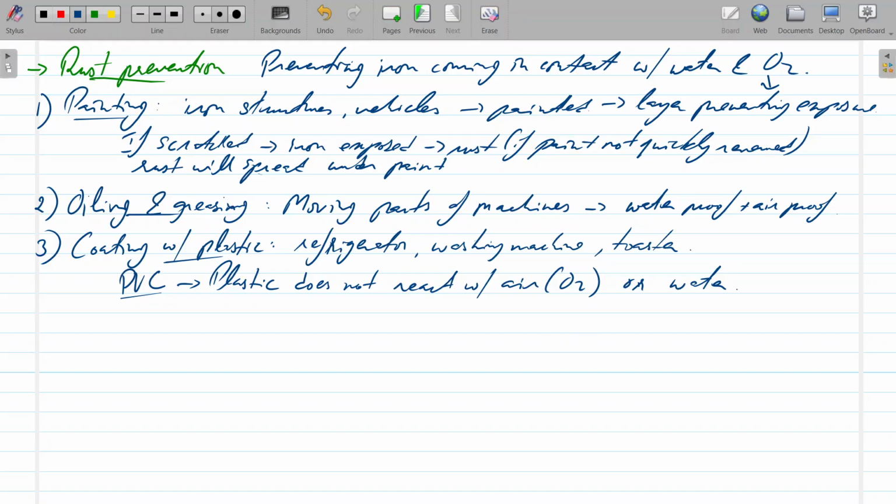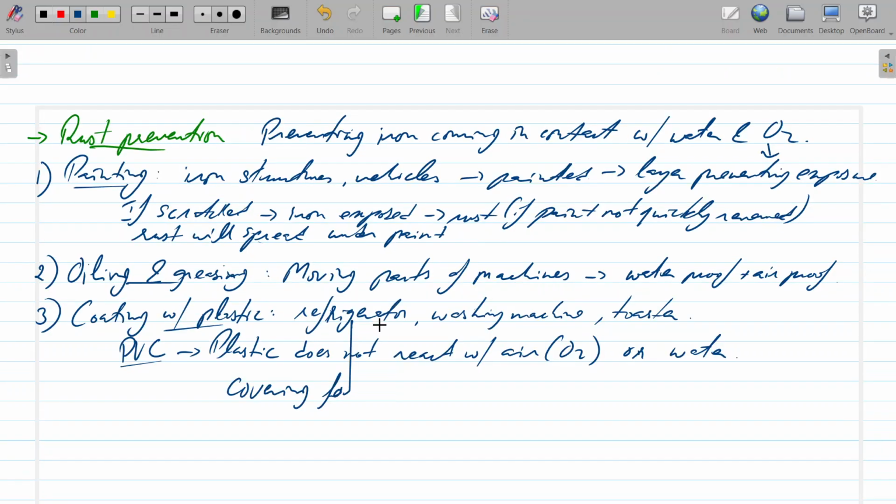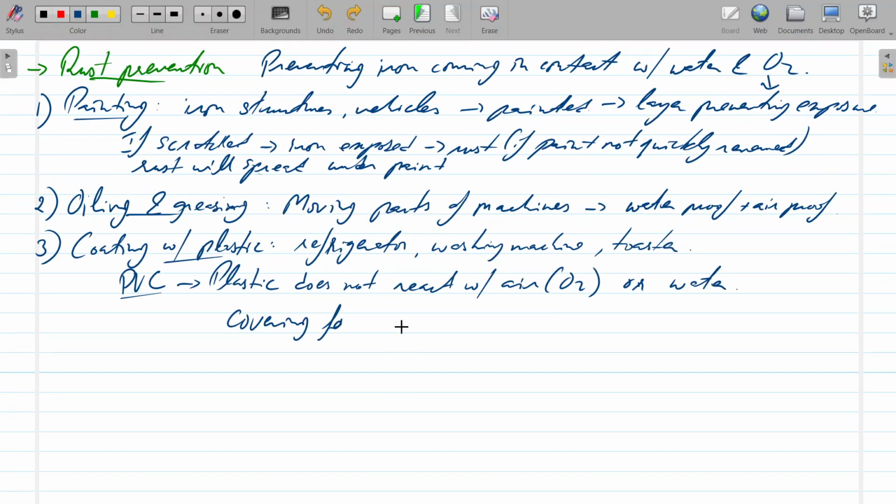And so it's a covering for iron and steel structures. Steel is an alloy of iron, so we're just getting there. Basically, it has iron, so it fits the bill.